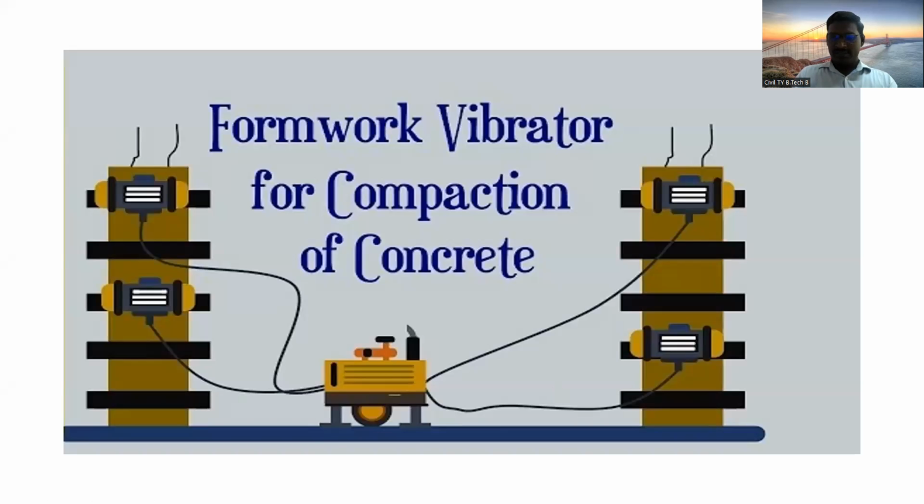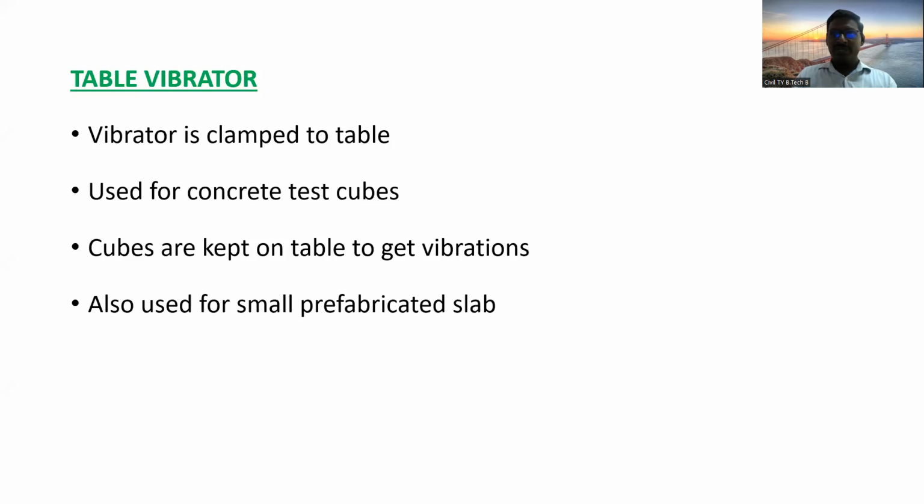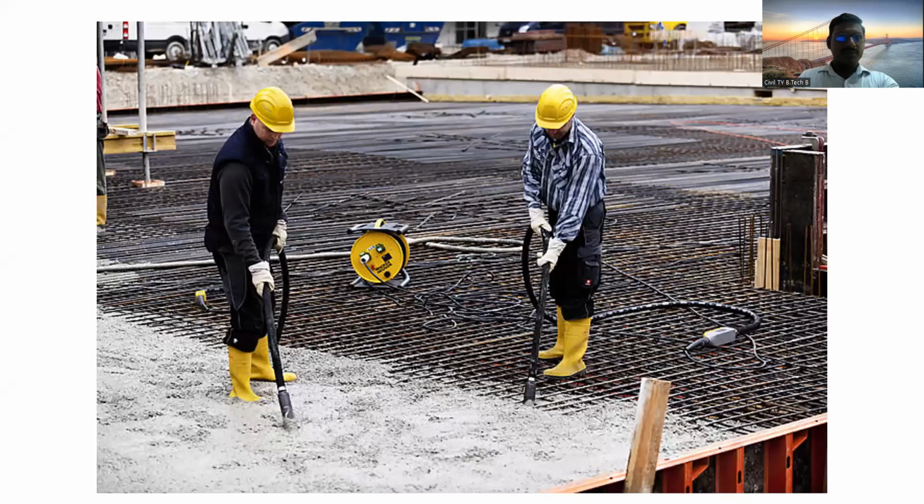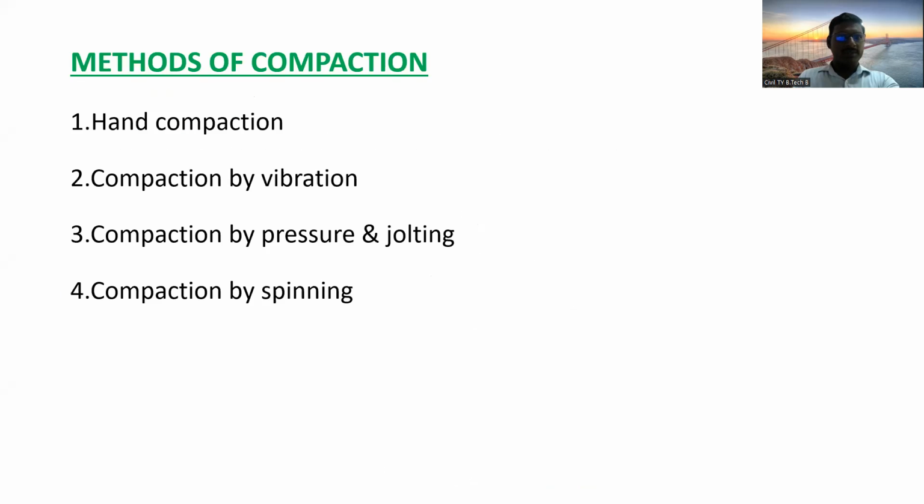So, in the last lecture, we started the topic of compaction of concrete, and we have seen the various types of compaction of concrete. Initially, these are the methods of compaction: hand compaction, compaction by vibration, compaction by pressure, and compaction by spinning.